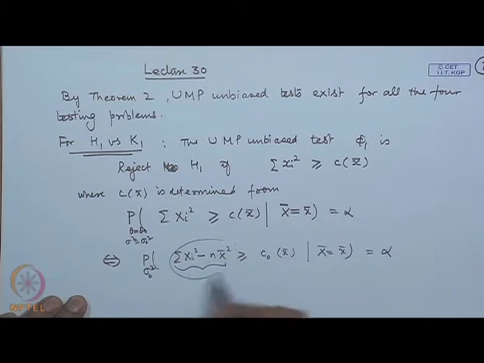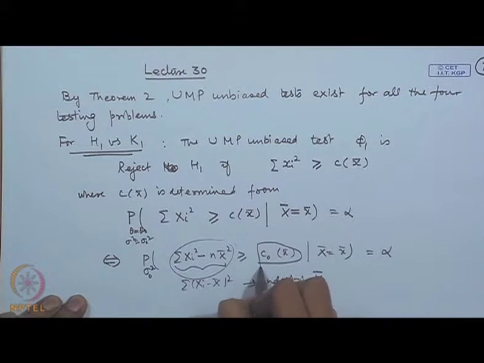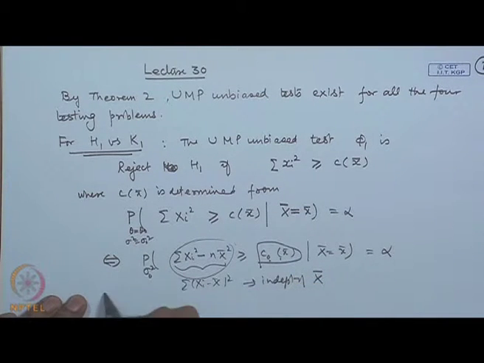Now, this sigma (x i minus x bar) whole square is independent of x bar. If this is independent of x bar, this term will become free from x bar. So, c naught will become free from x bar.